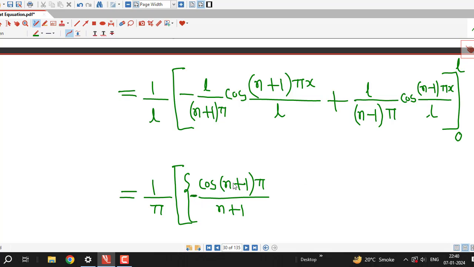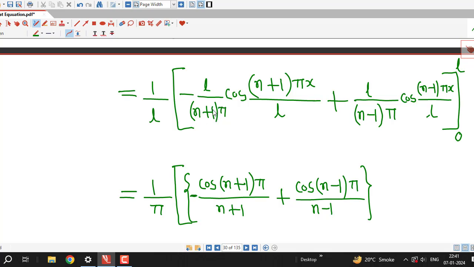Here don't forget to write down the negative sign. L will get cancelled. Same thing here, if I take x equal to L, L will get cancelled, and I am left with cosine of n minus 1 times pi divided by n minus 1. This is for x equal to L.